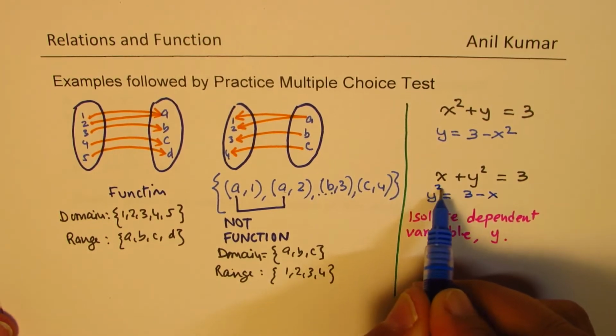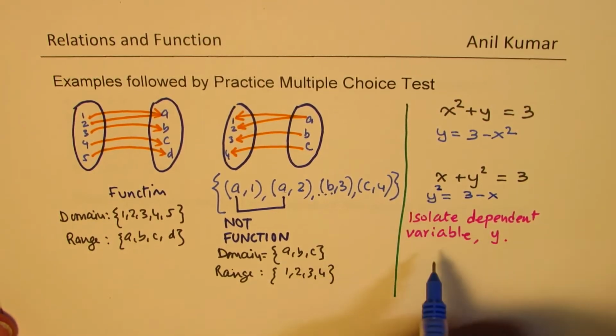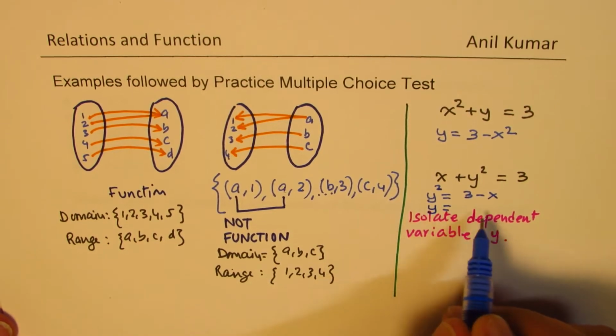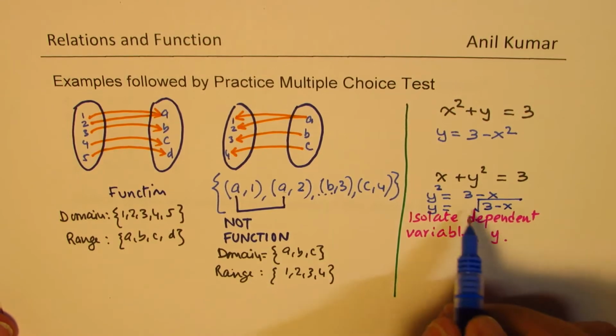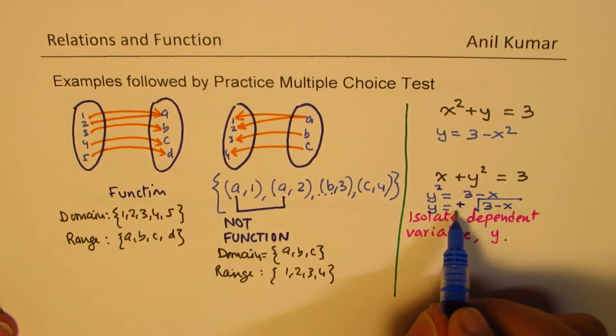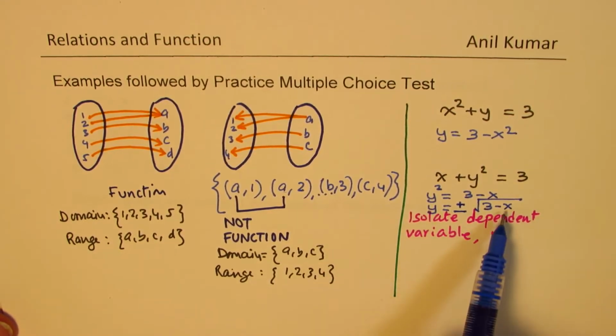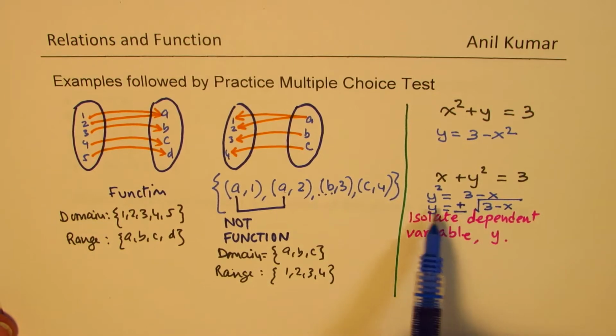So if I want to find what y is, I have to take the square root, right? y equals plus or minus square root of 3 minus x. Whenever you take a square root, you will write plus and minus. So for the permitted values of x, we'll actually get two values of y. Do you see that part?